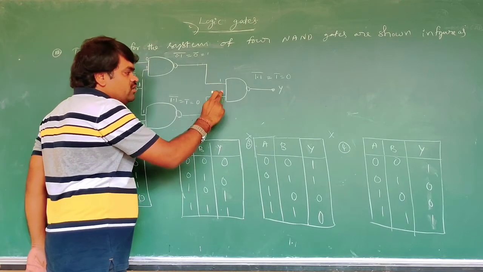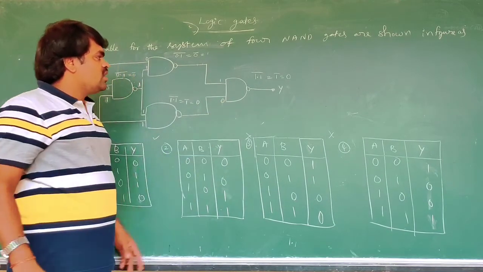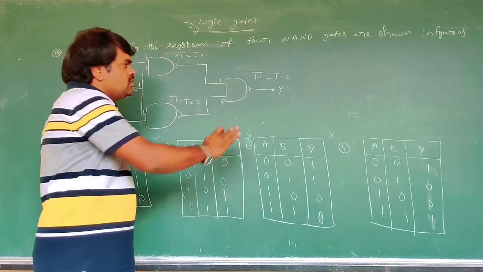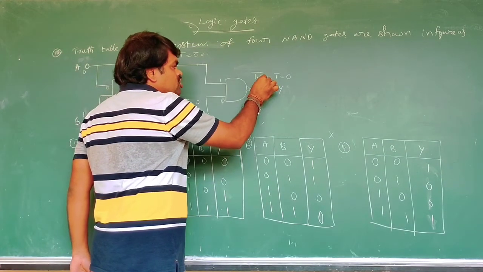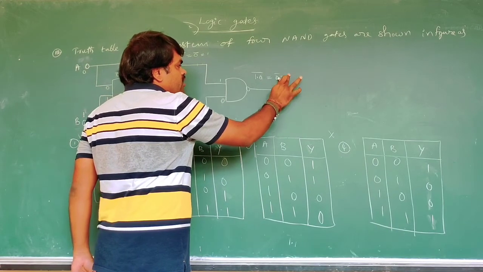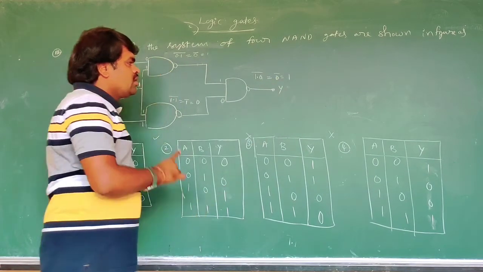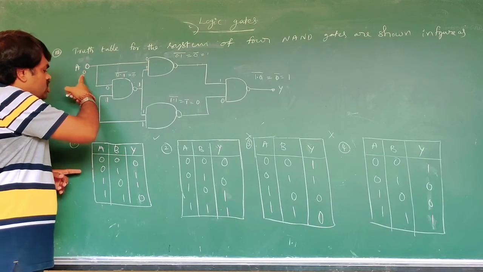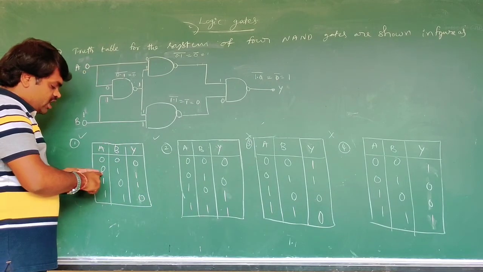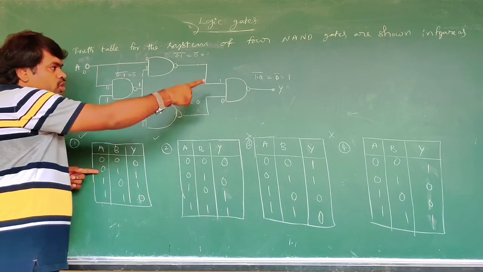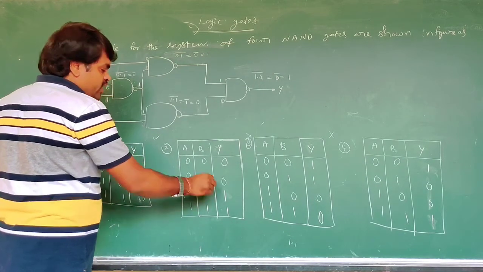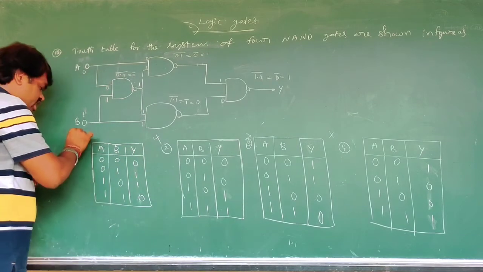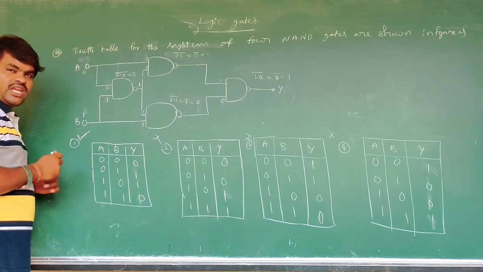Again the AND gate with 1 and 0: 1 dot 0, whole bar, is 0 bar, so we get 1. Now A is 0, B is 1, and the output we are getting is 1. See, the option shows 0, so it is not correct. Option 1 is the correct one.